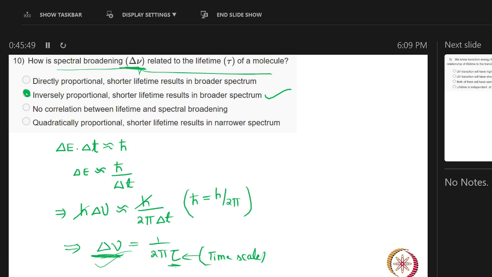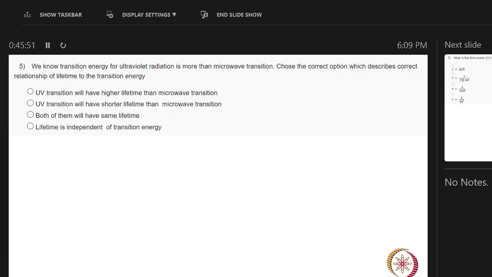Now let's look at another problem. We know the transition energy for ultraviolet radiation is more than for microwave radiation.